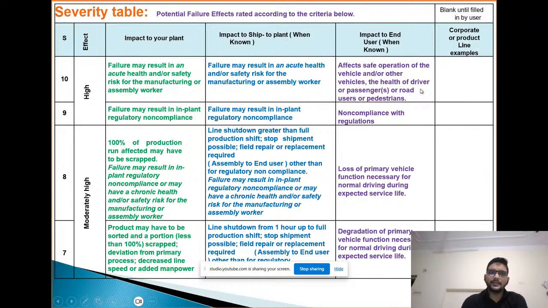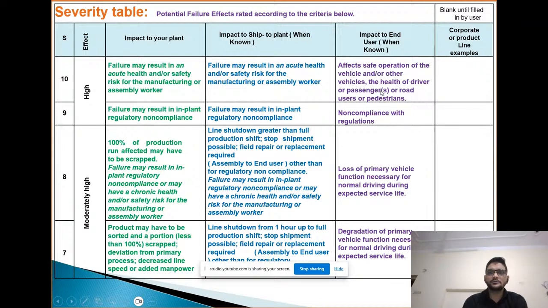Now, impact to your plant: failure may result in an acute health or safety risk for manufacturing or assembly workers. This is related to safety risk. And impact to ship-to plant means failure may result in an acute health or safety risk for manufacturing or assembly workers.